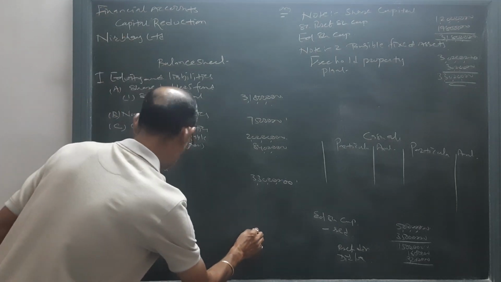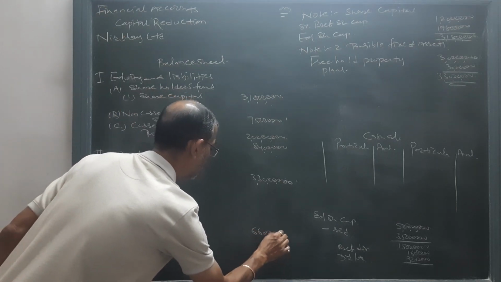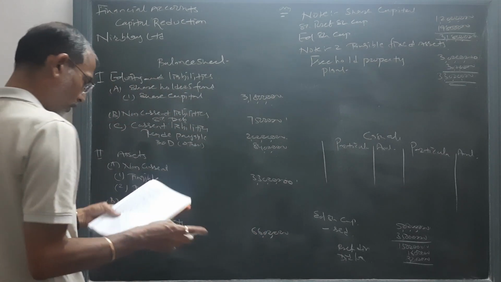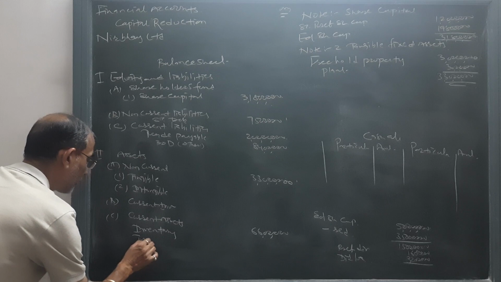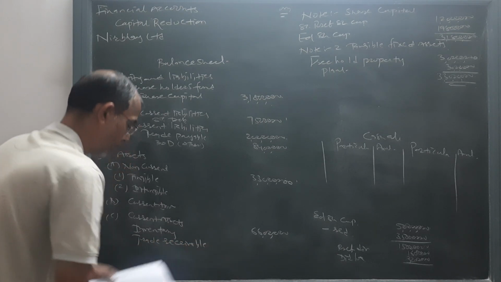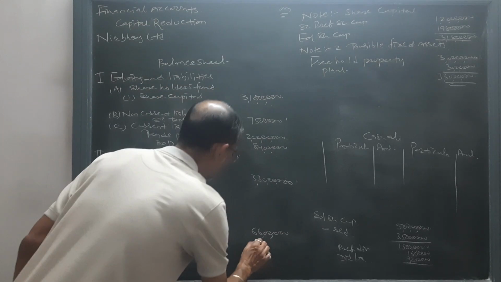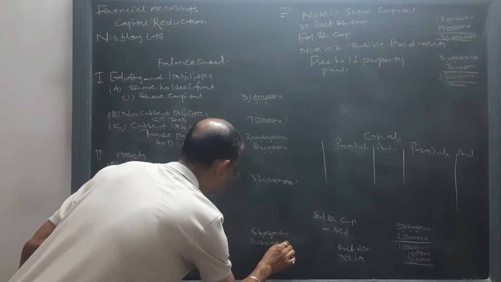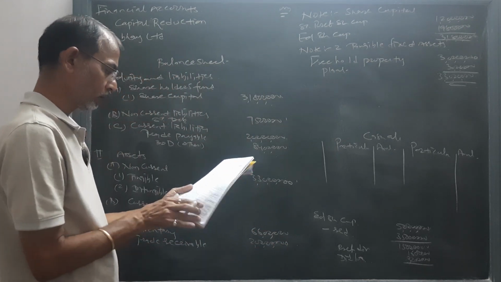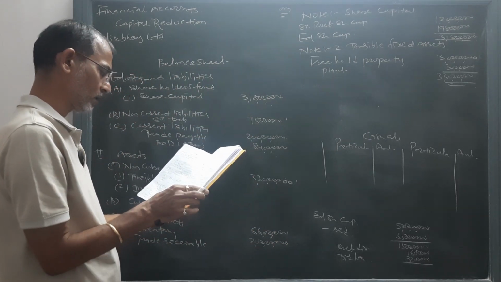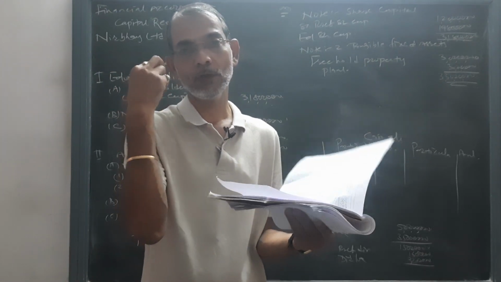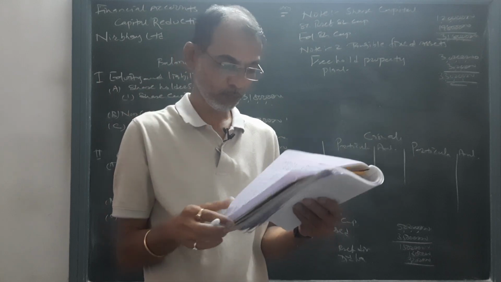So inventory remains 66 lakh. Trade receivables as it is, and that is 2 crore. Others, what others included? Preliminary expenses and profit and loss account, that was written off.